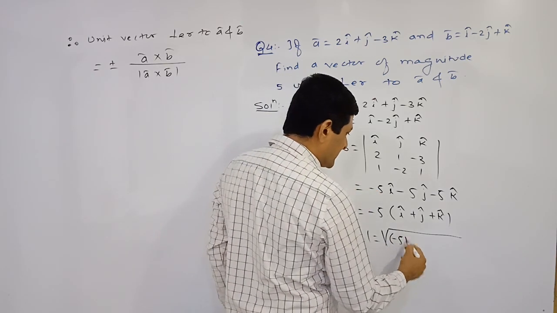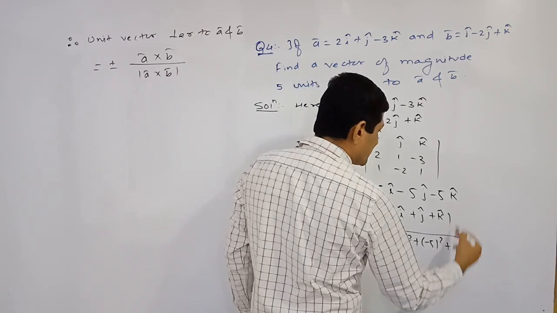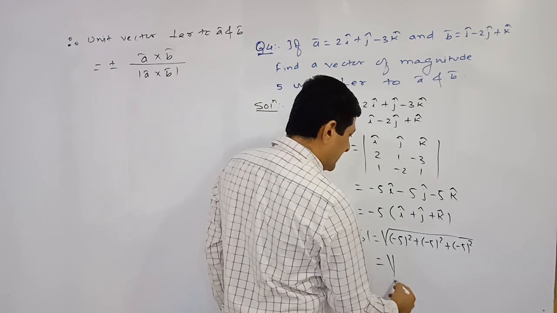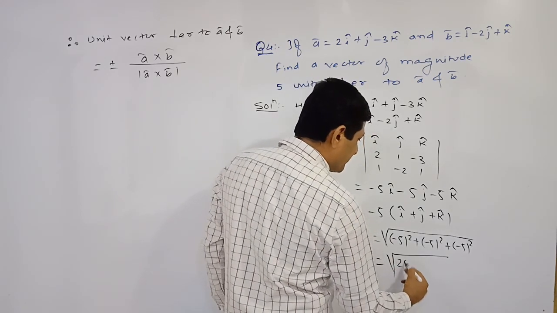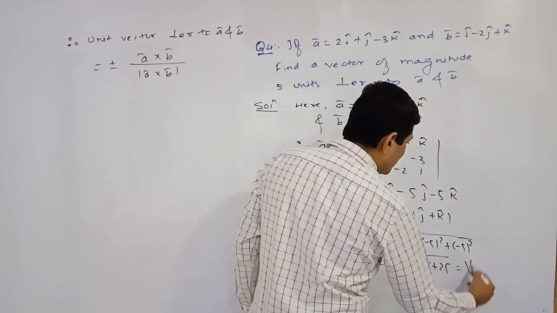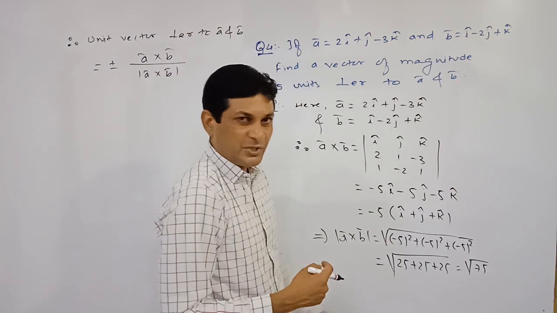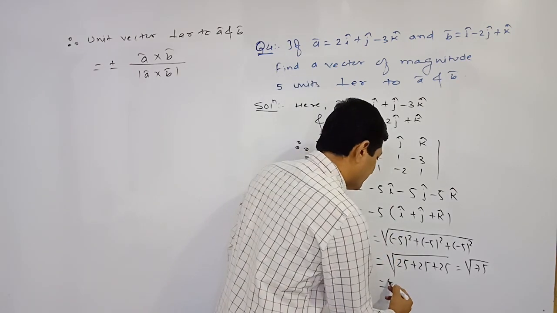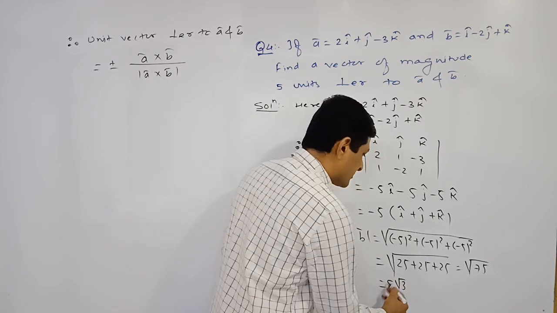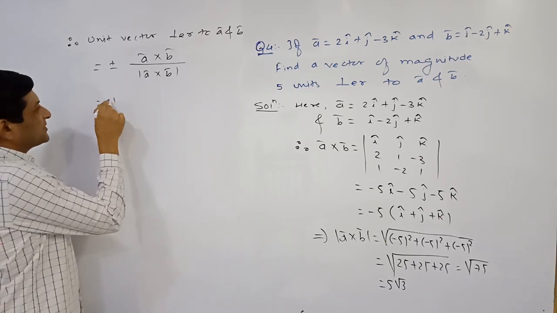So square of minus 5 plus, again here we will get square of minus 5 plus square of minus 5, which is equal to under root 25 plus 25 plus 25, which is equal to under root 75. 75 can be written as 25 into 3, and 25 outside the root will become 5. So the remaining term in root will be 3. So the magnitude of A bar cross B bar is 5 root 3. So here plus or minus, keep it as it is.